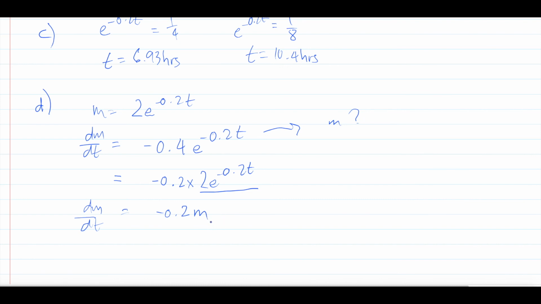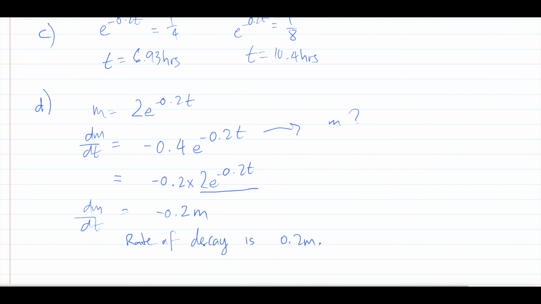And to finish answering the question, the rate of decay, the answer to this question is a bit tricky, because the rate of decay is in fact 0.2m. Some students might think it's negative 0.2m because that's exactly what I got, right?